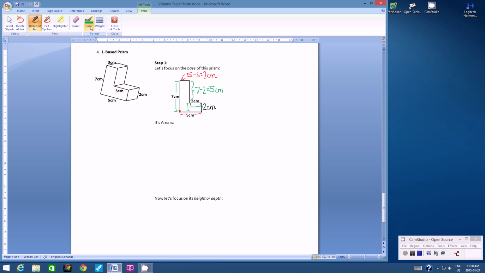The next thing we have to figure out is how we want to divide up this shape. Let me just draw a rough diagram here. Let's see how neatly this can go. There are two ways. Hopefully you're looking at this shape and thinking, we can divide it into two rectangles.